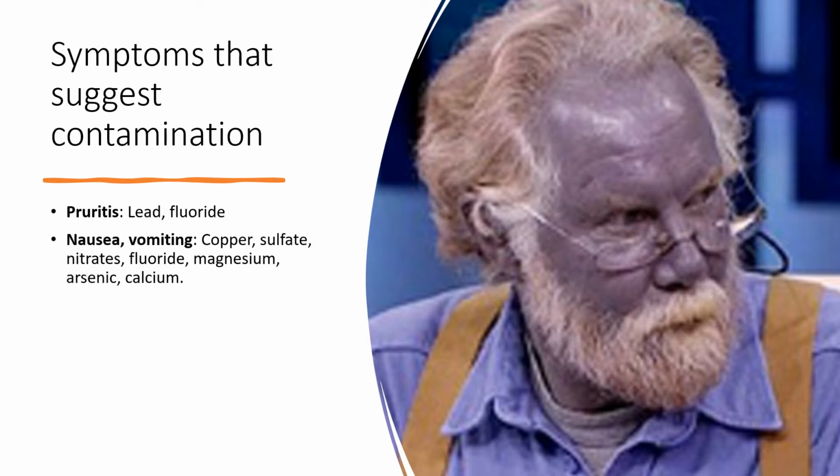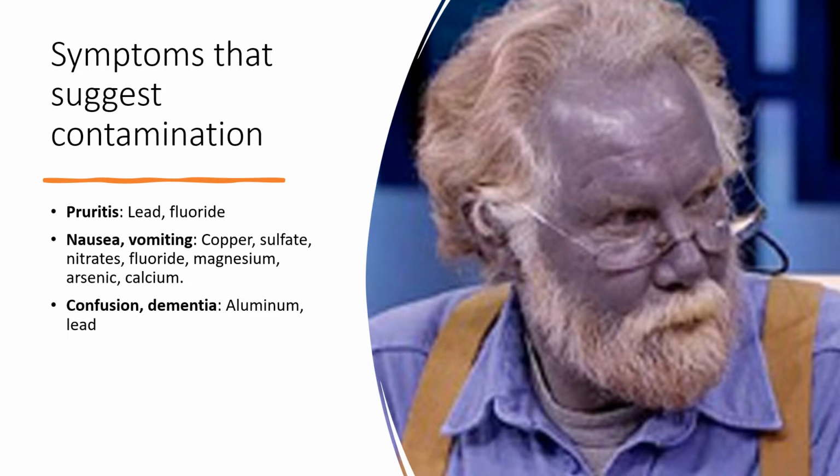Similarly, nausea and vomiting can be caused by exposure to various metals such as copper or sulfate, fertilizers like nitrates, fluoride, magnesium, arsenic, calcium. But of course, nausea and vomiting are also really common among our dialysis population. Probably the most common reason for it is diabetic gastroparesis.